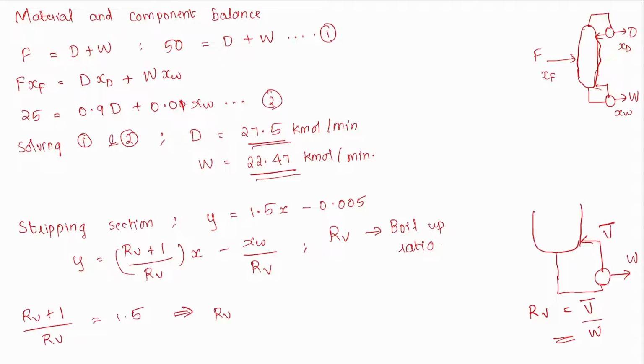Solving this equation, we get the value for Rv as 2. So Rv, as I said, is V bar by W, equal to 2. And we have the value for W, the residue, which we found in the last section. So we can find the value of V bar as 2W, which is 44.94 kilomole per minute.